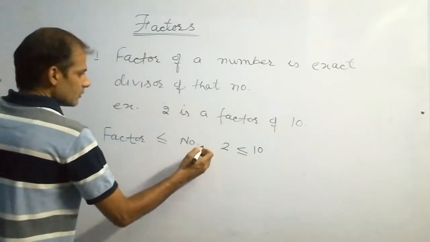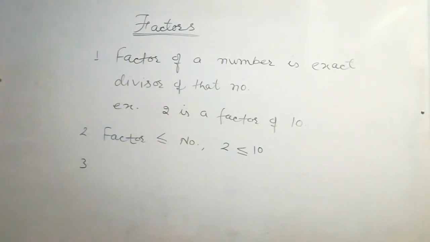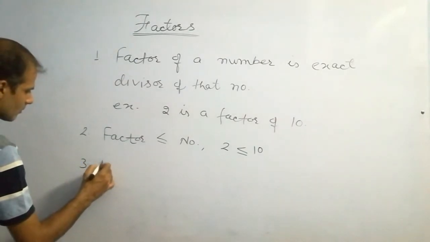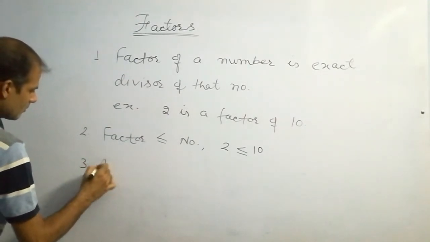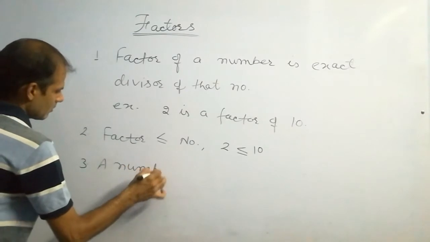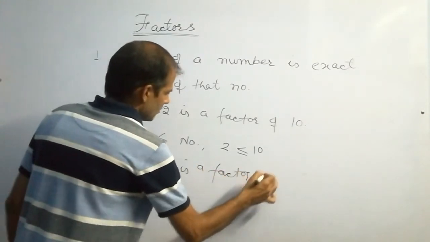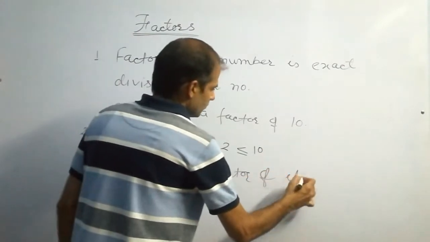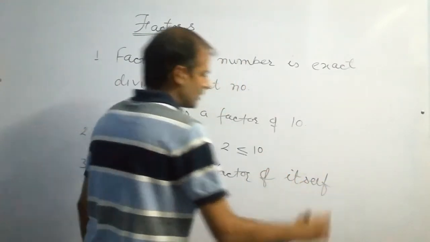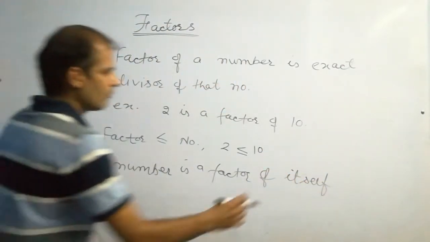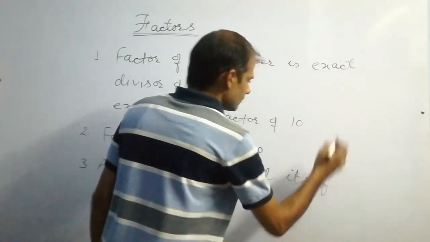And the third and most important point is that a number is a factor of itself. Always, a number is a factor of itself.